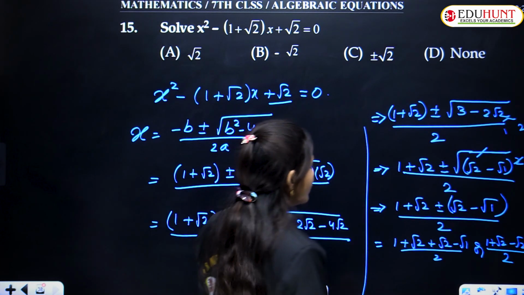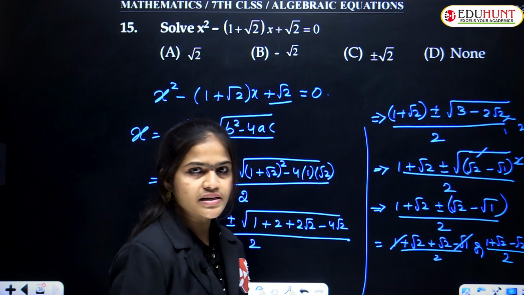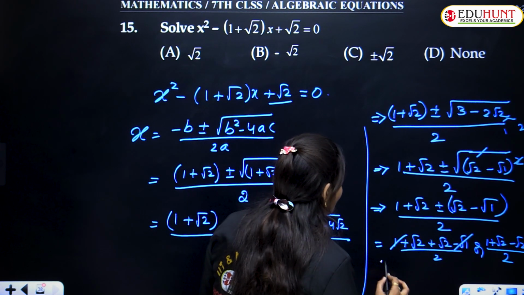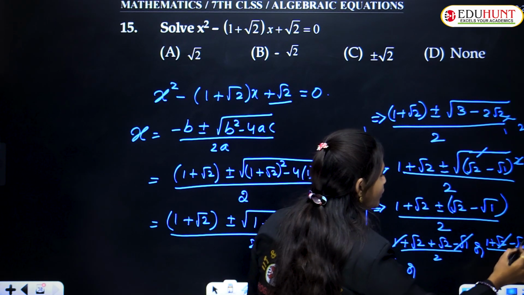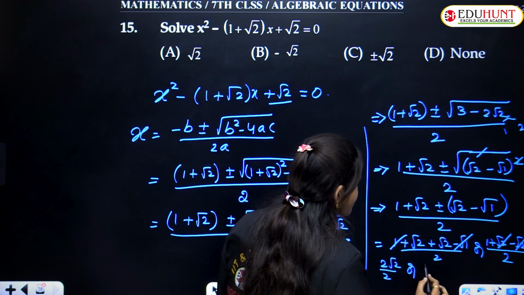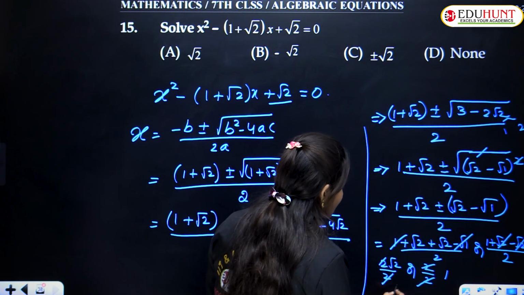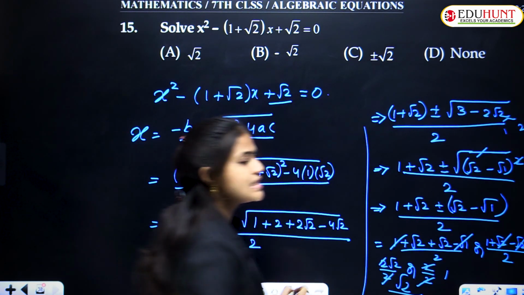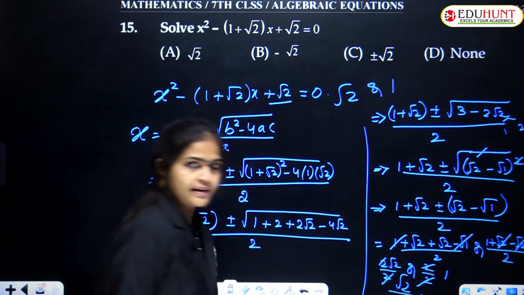Understand? So here plus 1 and here minus 1. Root 1 means again that is 1 only, no? So that's why 2 root 2 by 2, or root 2 and root 2 get cancelled. So 1 plus 1 is 2 by 2, so 2 by 2 that is 1, and here 2 and 2 get cancelled. So the value is root 2. So here we got root 2 or 1.